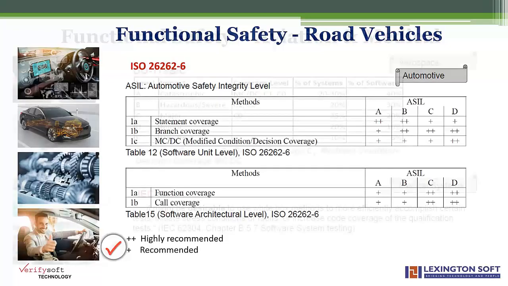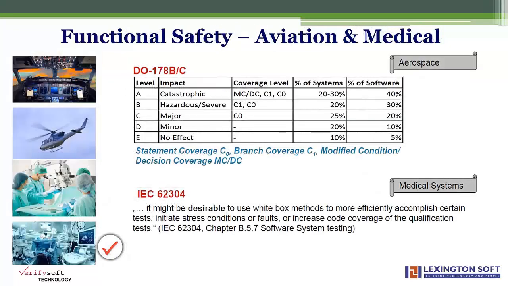The other important standard in a different industry is the DO 178B standard, or the C standard. And this also requires high coverage levels for high safety levels. And this is the functional safety for the aviation industry. And basically, the DO 178C levels are defined according to the possible consequences of a software error.